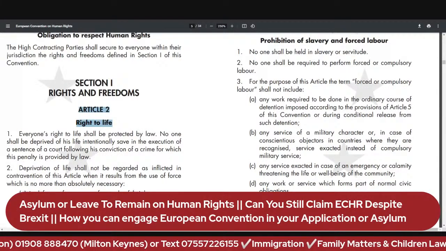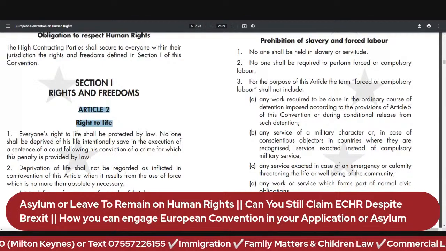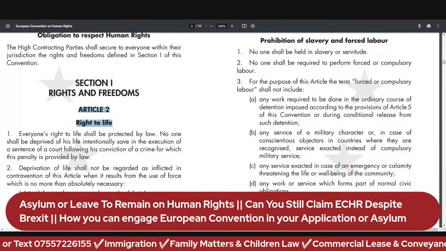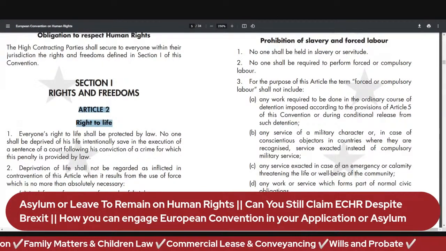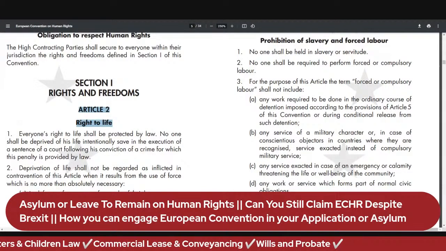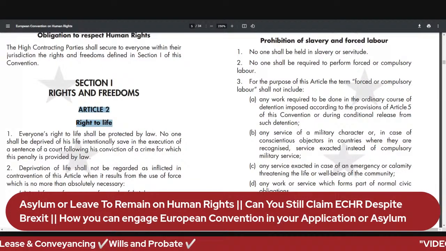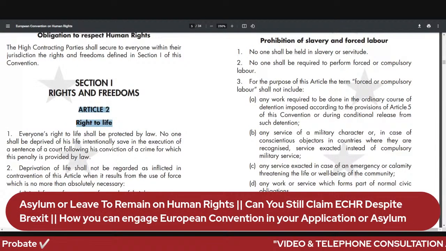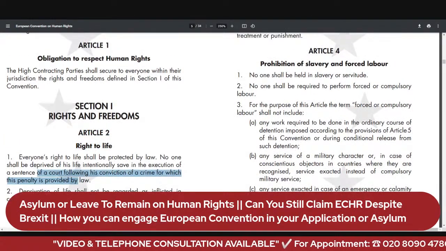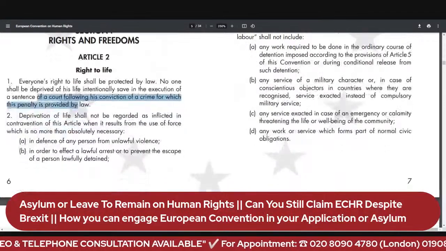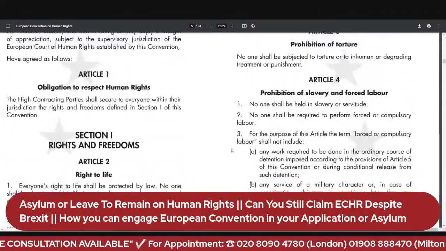It depends where you come from and the situation of the country. But if you can engage Article 2, right to life, that there is a potential risk that you will be killed or you will face the death penalty, unlawful or lawful, whatever it is, then you can engage Article 2, and that will give a very good ground for leave to remain in the UK. If you apply for human rights, as I said, I go briefly, but it depends on your circumstances and how you can engage it.